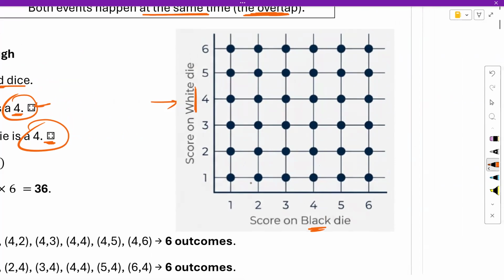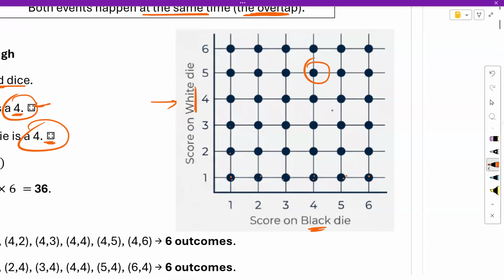You may get 1 1, 1 2, 1 3, 1 4, 1 5, 1 6, or the other way around, 2 1, 3 1, 4 1, 5 1, 6 1, or for example 4 5 or 5 4.